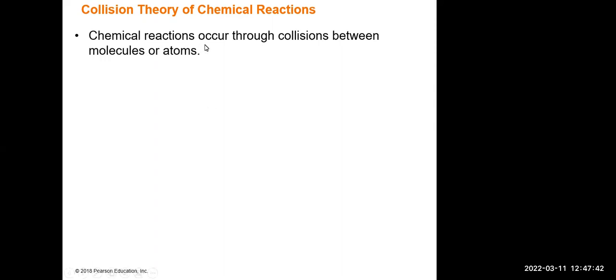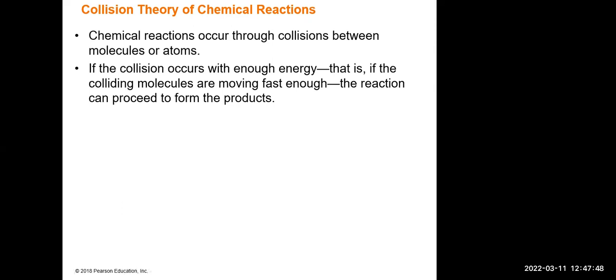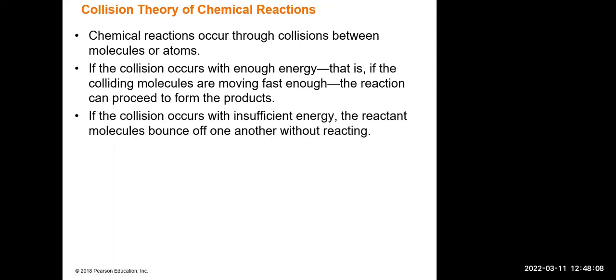Chemical reactions occur through collisions between molecules or atoms. If the collision occurs with enough energy, that is, if the colliding molecules are moving fast enough, the reaction can proceed to form the product. In detail, it also depends on the location of the collision, which is related to the orientation of the reactants.